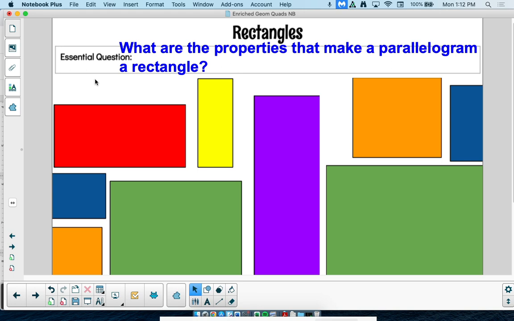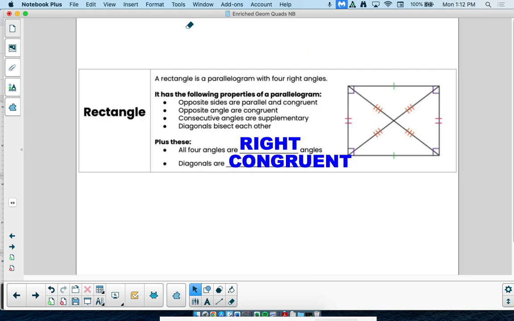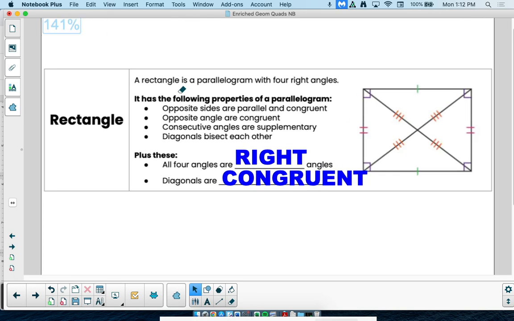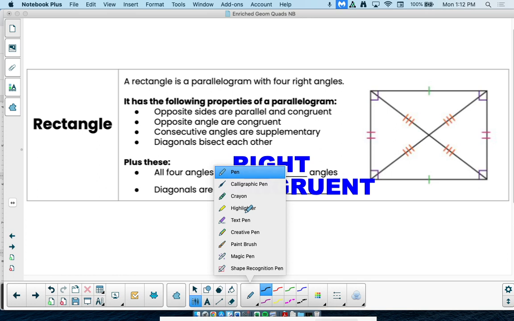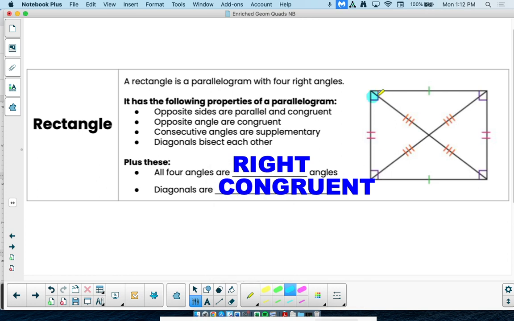So the first property that makes it different compared to a regular parallelogram is that the angles in the corner are right angles. So I would take that highlighter you grabbed and highlight those four right angles, because that's telling us it's a rectangle. Those four right angles automatically make it a rectangle.